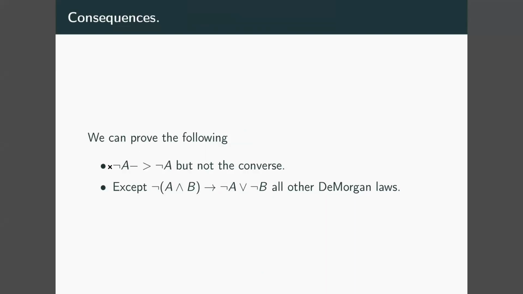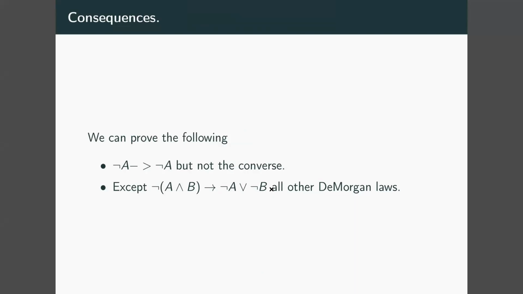Excuse me for the typo here. What I wanted to say is that only not A implies A is provable, not its converse. And similarly, except for this law, not of A and B implies not A or not B, all other De Morgan's laws are true in the constructive version of it.